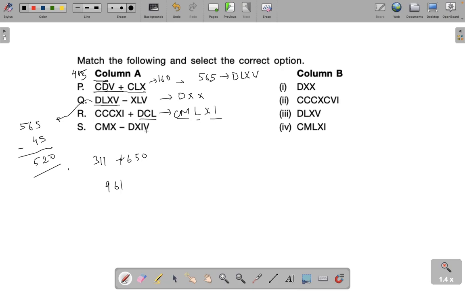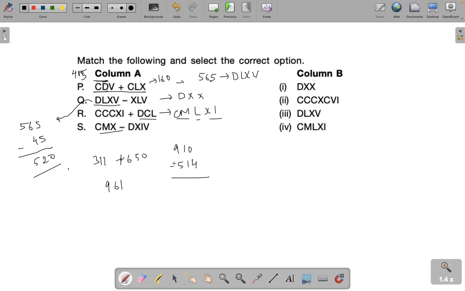Yeah. CMX. What is the value of CMX? Sir, 910. 910. What is the value of DXIV? 514. 514.